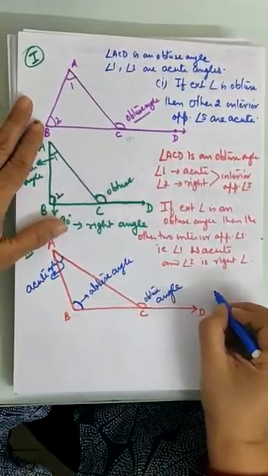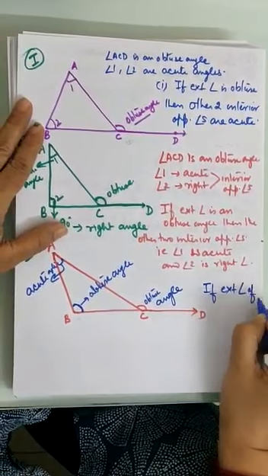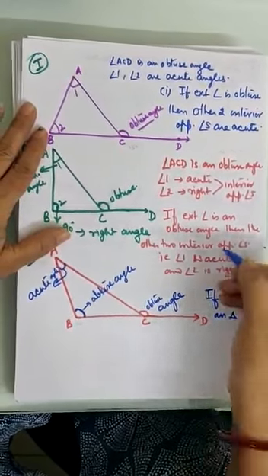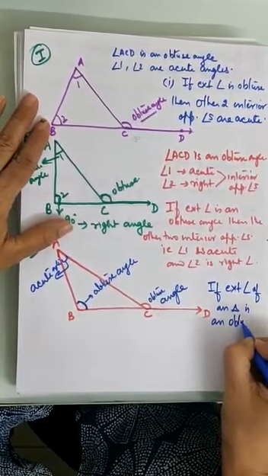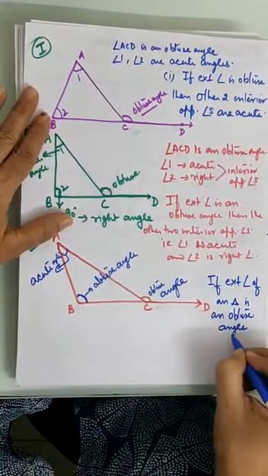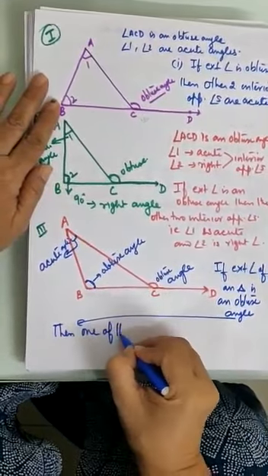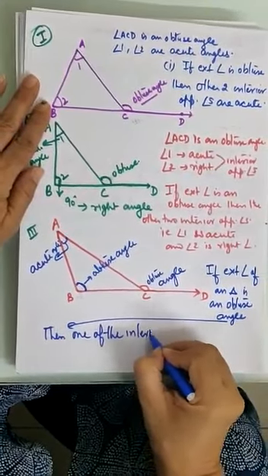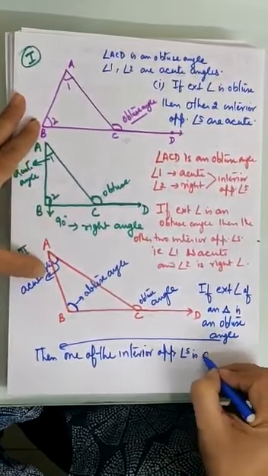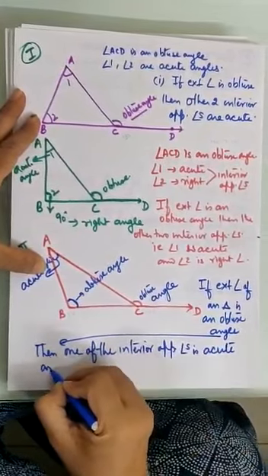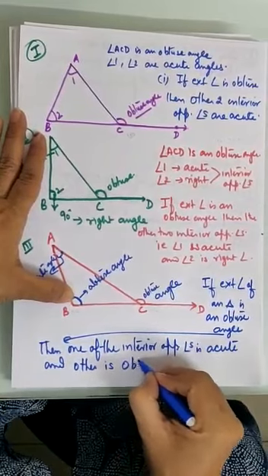So we write here, if the exterior angle of a triangle is an obtuse angle, then one of the interior opposite angles is acute and the other is obtuse.